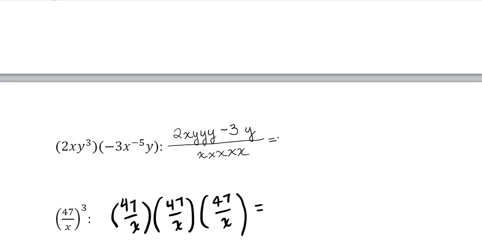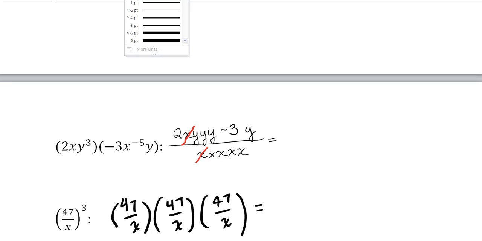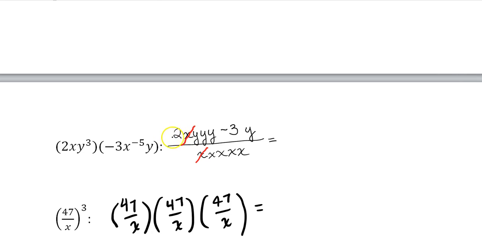So before I go any further, I'm going to quickly change the color for a second, because I want to cancel out any of the x's that I can. So those two are gone. So here I have my 2 times a negative 3. Remember, I can do that because of the commutative property.